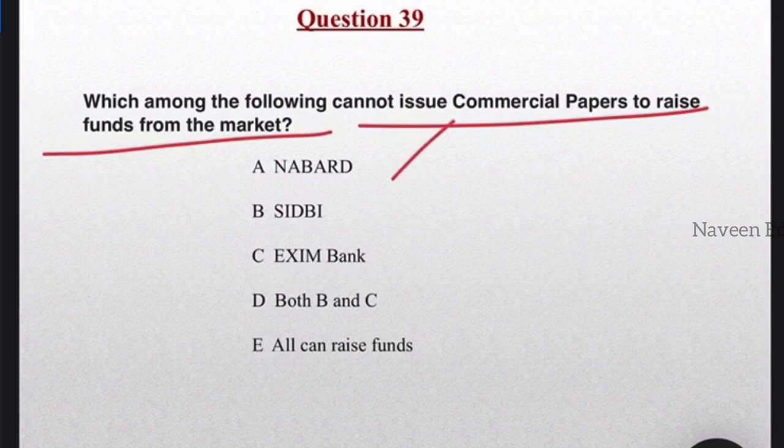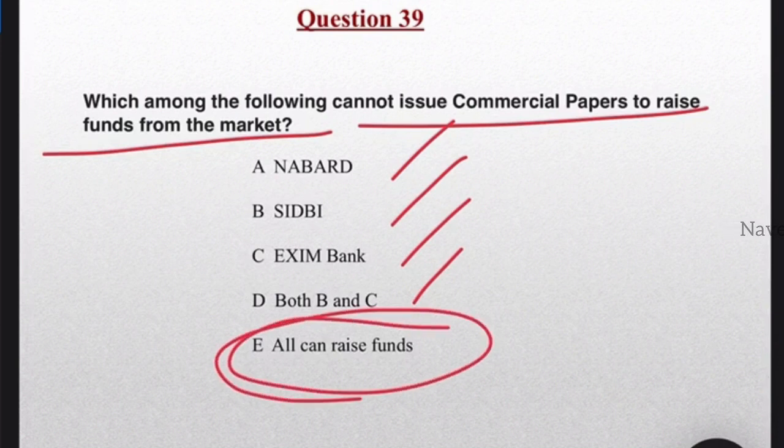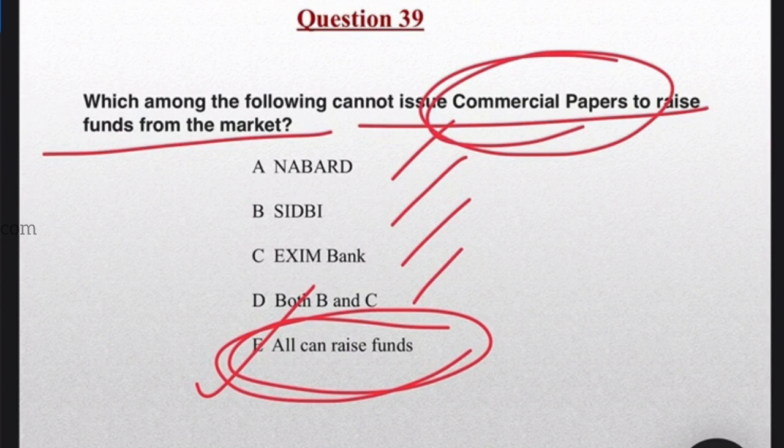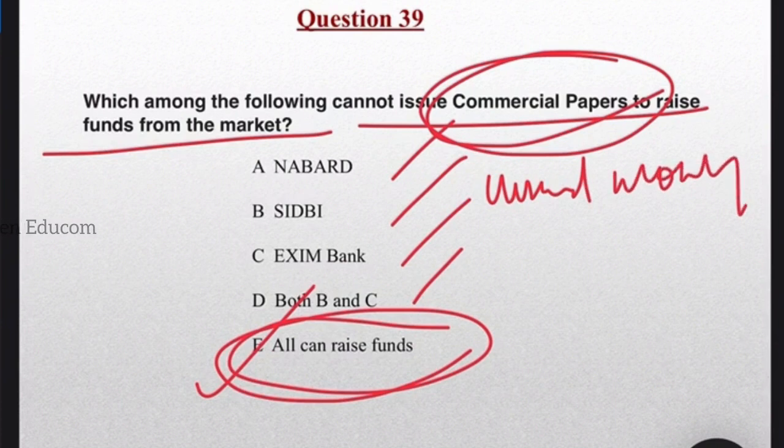So what is the answer, students? It is given NABARD, SIDBI, Exim Bank, both B and C, all can raise funds. Answer is all can raise funds. So what are commercial papers? Commercial papers are unsecured money market instruments issued in the form of promissory notes.